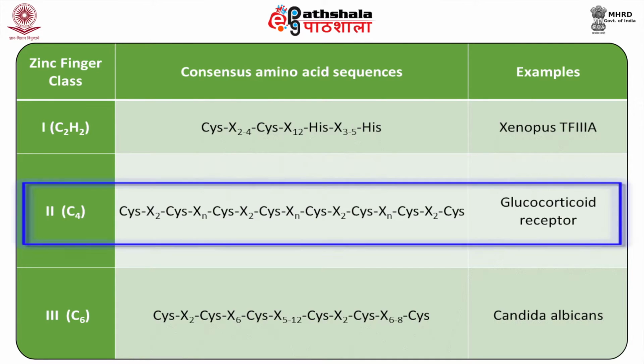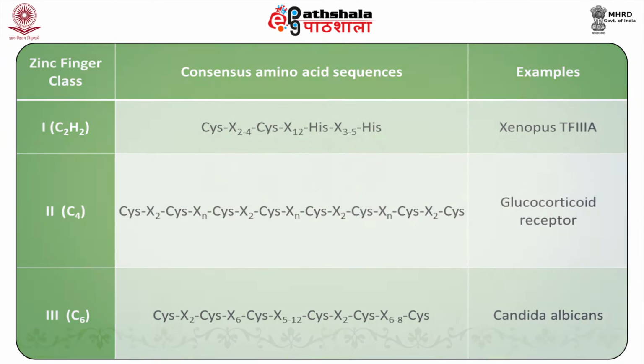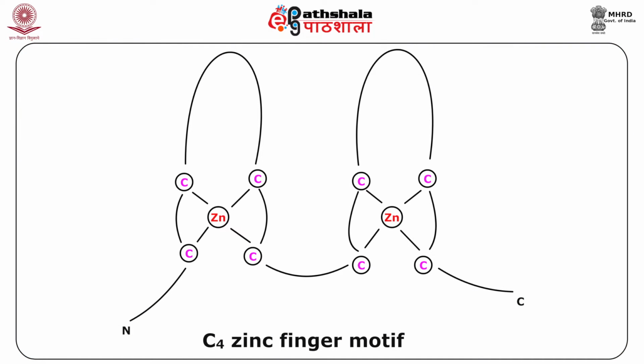The glucocorticoid and estrogen receptors belong to this class. These steroid receptors have DNA binding domain which contain 70 amino acid residues with 8 conserved cysteine residues. DNA binding domain of both these receptors show 2 zinc atoms, each coordinated to 4 cysteines. These zinc binding sites fold to form a single structural domain as shown here.